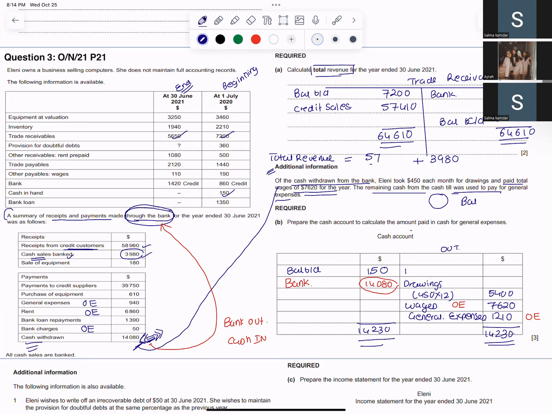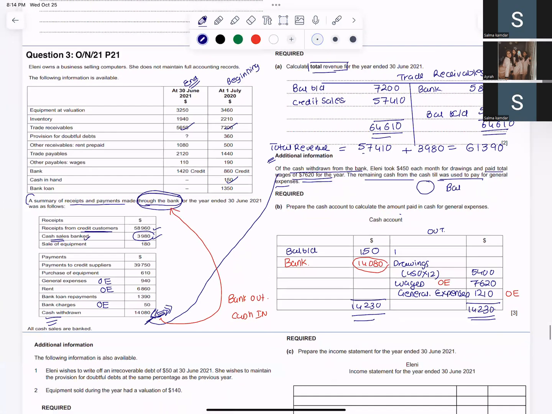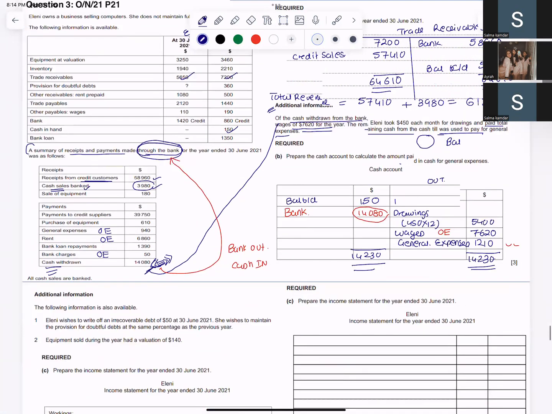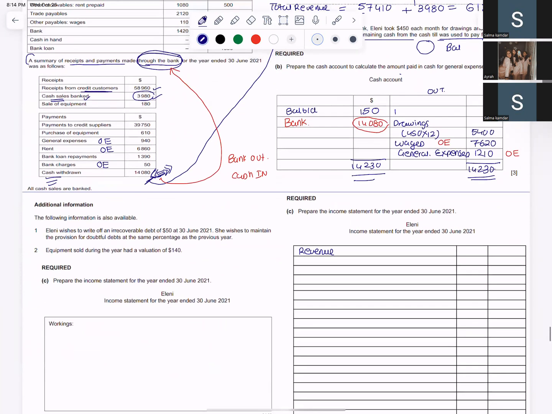So your total revenue is how much? 57,410 plus 3,980 is 61,390. Okay. So can I say my income statement starts with revenue? Yes, so 61,390 will be revenue.